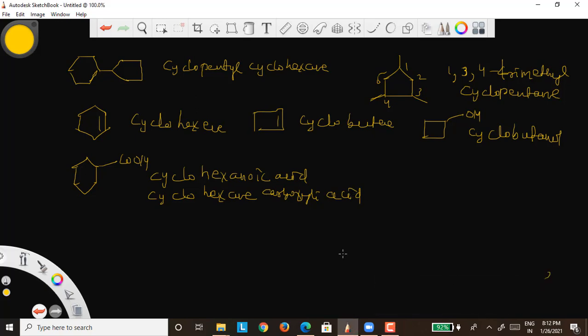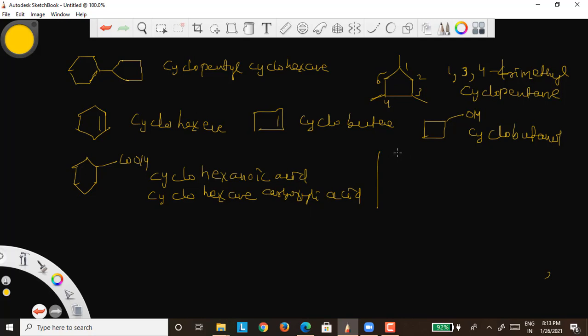Next, if your side chain, the aliphatic group, contains a multiple bond or functional group, then your cyclic compound is treated as a substituent. So there is a rule.